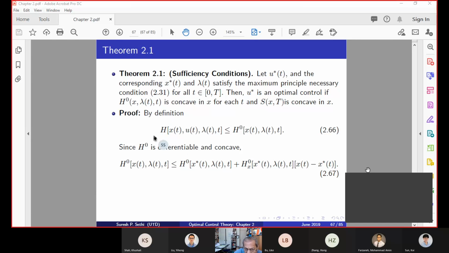By definition, this is the maximized Hamiltonian. But H0 is differentiable and concave. So we have H0 is less than that plus the tangent. That means that if it's a concave function, then the tangent approximation overestimates the function.